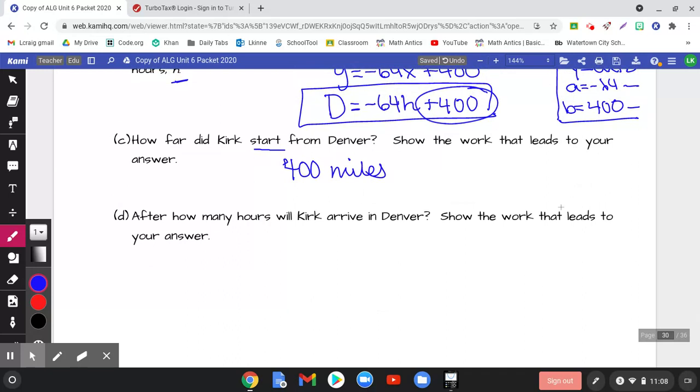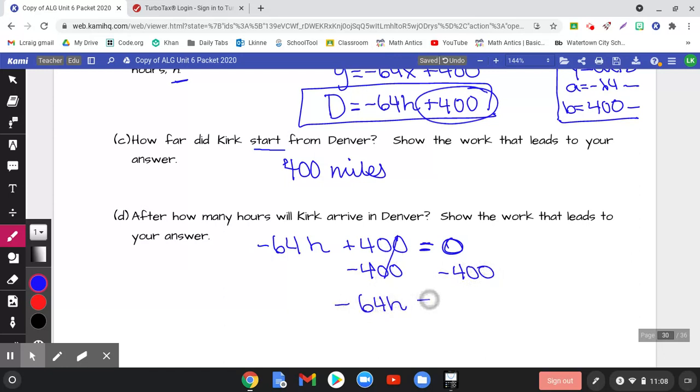Okay, well, we can do a couple of things. So this is his equation, negative 64 times the number of hours plus 400. We want to know when he's at 0, when he's 0 miles from Denver. So if we subtract 400 from both sides, then we're left with negative 64h equals negative 400.